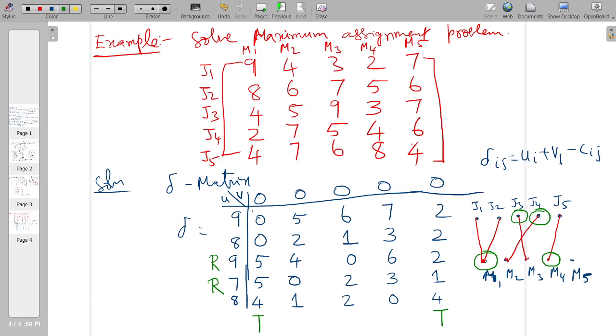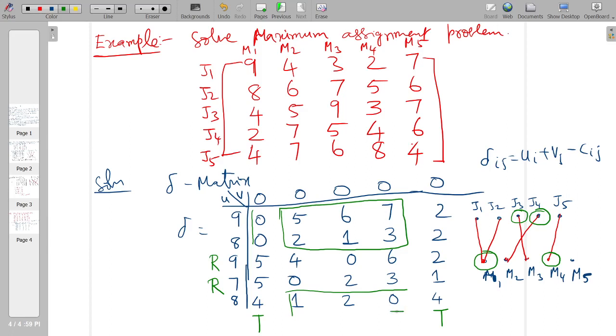So now I select the elements which are not in row R or column T. Oh sorry, this should be T. I made a mistake here.